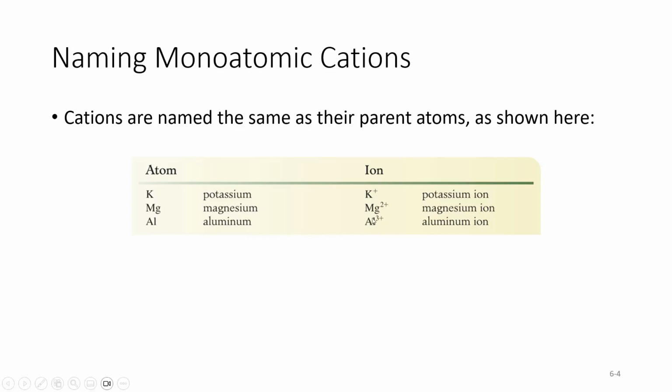So some examples here are K, which is potassium, becomes K+, the potassium ion. Mg, which is magnesium, becomes Mg2+, the magnesium ion. Al, aluminum, becomes Al3+, the aluminum ion. So when we see it in its ionic form, it has the same name as in its regular elemental form.